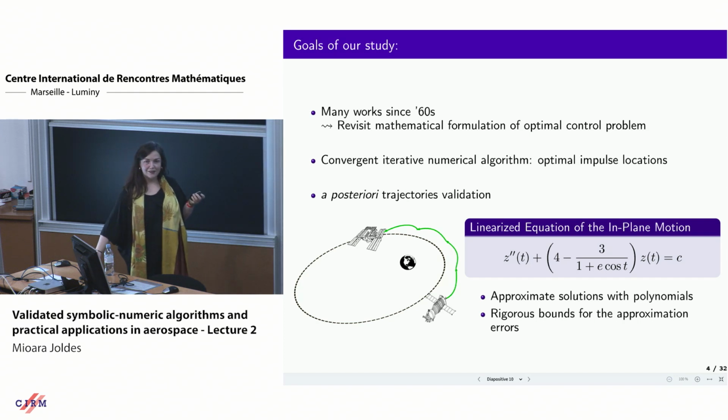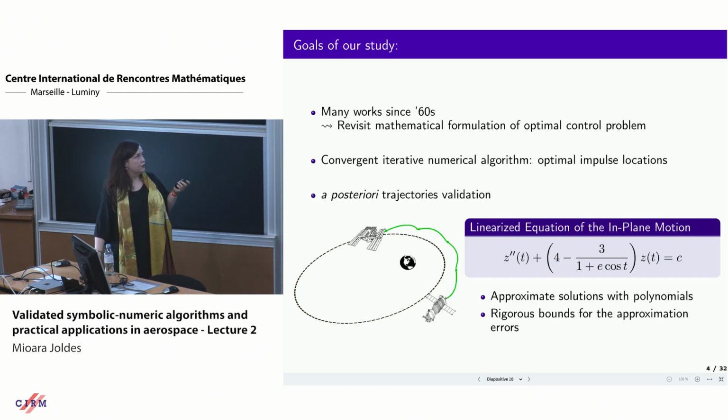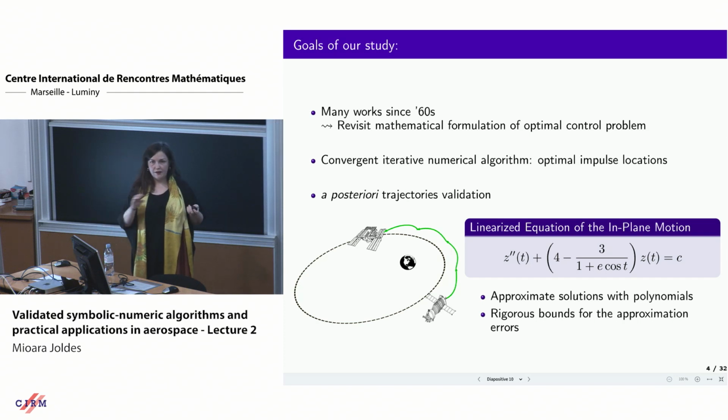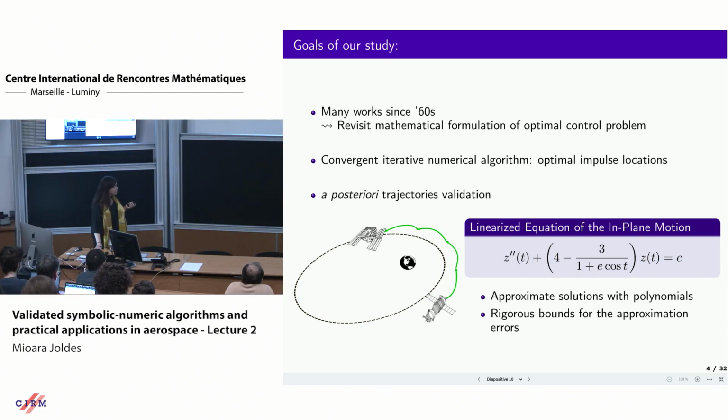It's quite innocent looking, and of course we will validate it piecewise before the thrusters are fired, and then we change the initial positions, and then we restart the validation process, because we know that the solution is made out of impulses. So this is the, let's say, working example that I will use in the following in order to have some linear differential equation to validate.